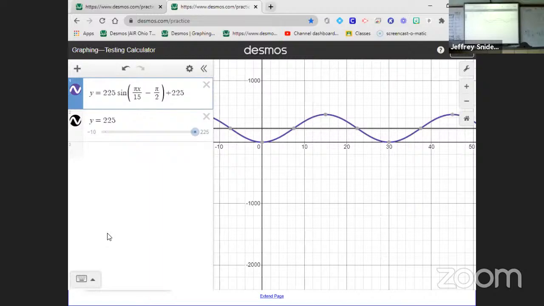There is the function. You'll notice up here it says y equals 225 sine of minus pi over 2 plus 225. Okay, so let's think about these numbers on here, just for the fun of it. Guess what this 225 in the front is? It's the radius. Remember how we said you find it's r cosine theta and r sine theta?